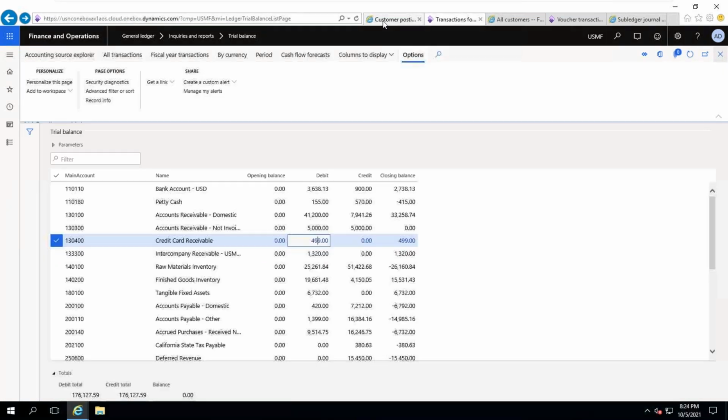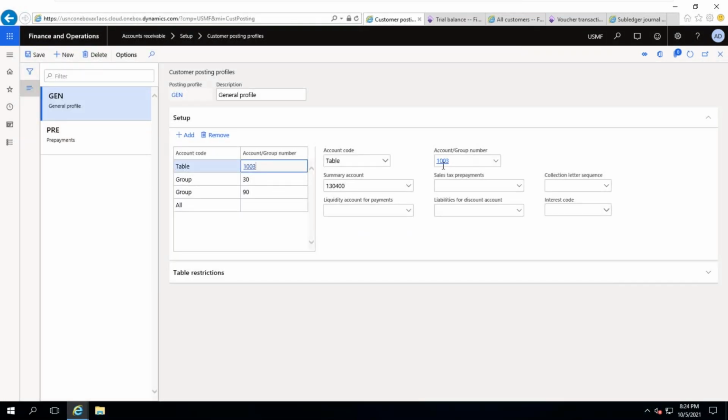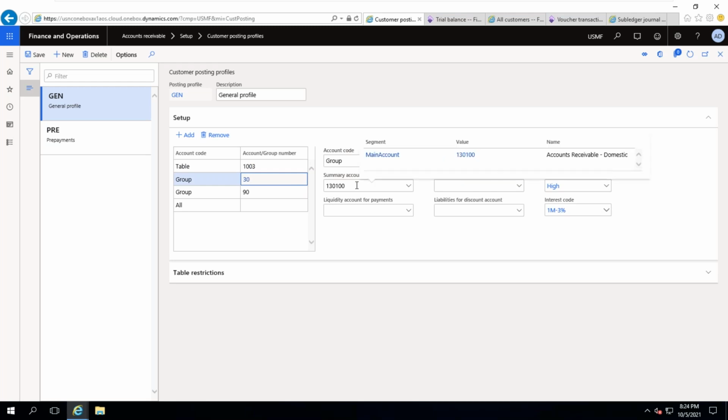Because in the posting profile, you have mapped the table level first. If you delete this line, then it will post to this account. Can I delete this one?